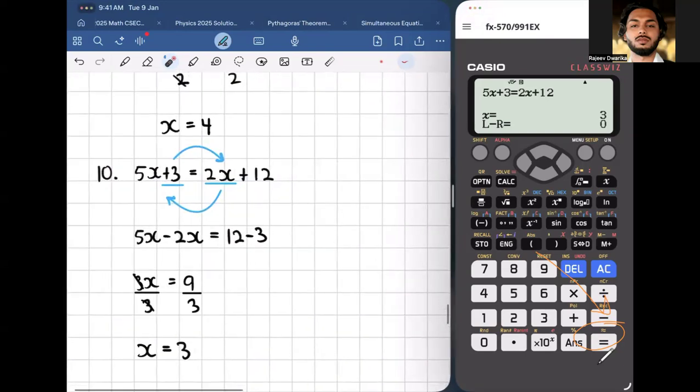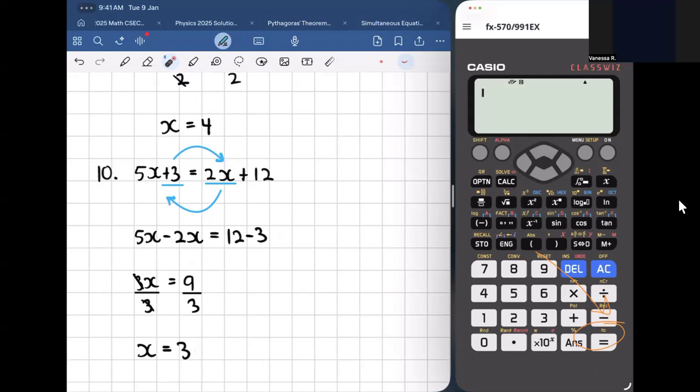And does anybody remember how to check if your answer was correct? So, Vanessa, let's just say you didn't have a Casio. How would you check if your answer is correct? So x is equal to 3. How would I check if x is equal to 3 is correct? Do you know? Vanessa? How would I check if x is equal to 3 is correct?